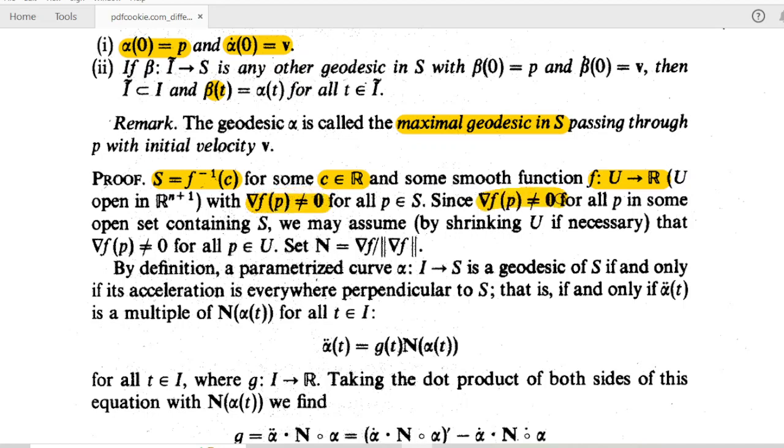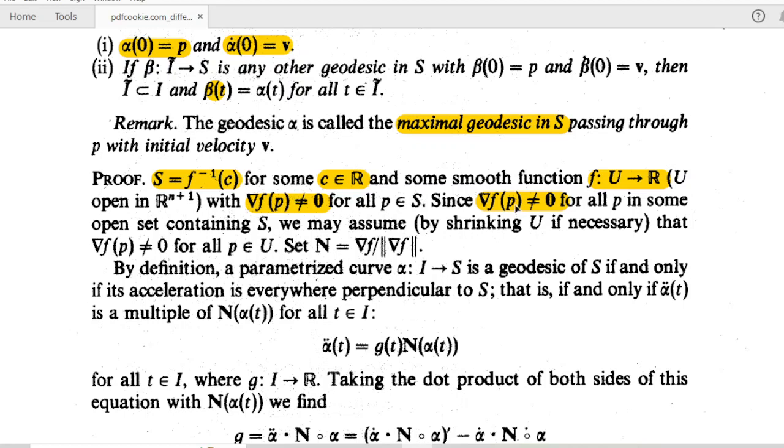Since nabla f of p is not equal to 0 for all p in some open set containing S, we may assume that nabla f of p is not equal to 0 for p belongs to U. So these things are very trivial. We know nabla f of p will be non-zero because S is a surface.